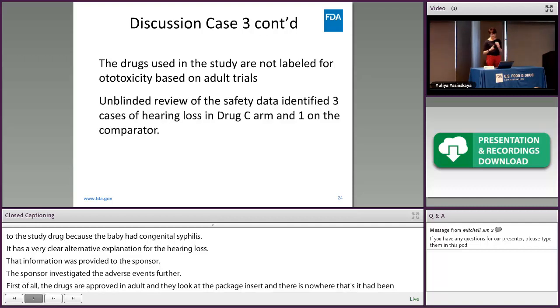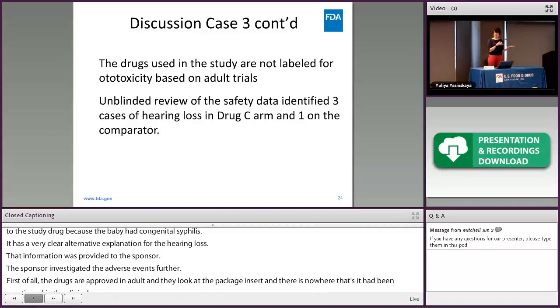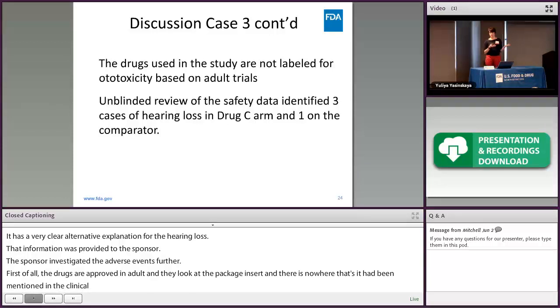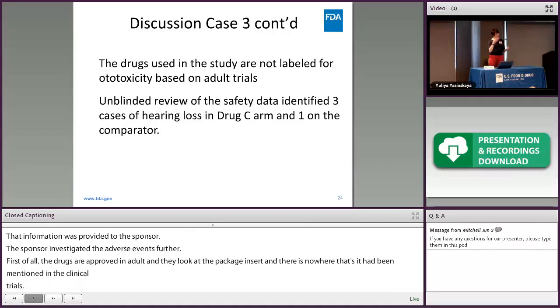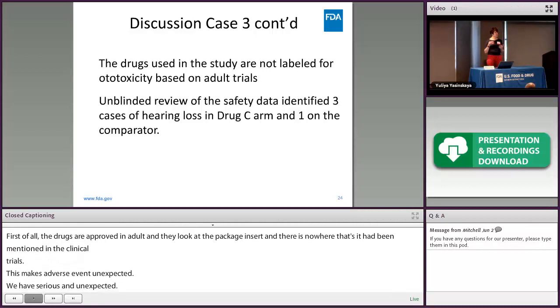Next thing, even though there was an alternative explanation for the event by the investigator, at the next meeting of the Safety Assessment Committee, the safety data collected to date had been analyzed, and it was determined that there were 3 cases of hearing loss on study drug C versus only a single case on the comparator arm.